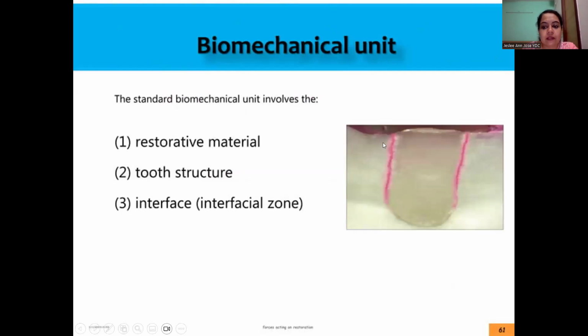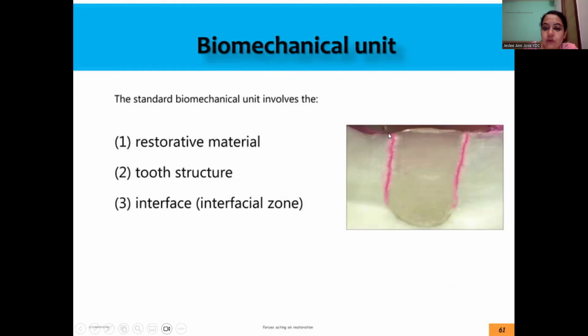Next important factor is the biomechanical unit, which we need to know. When we deal with biomechanics, it is very important to know what comprises the biomechanical unit. We have an intact tooth, a restorative material, and an interface between these two, that is the restorative material and the intact tooth.